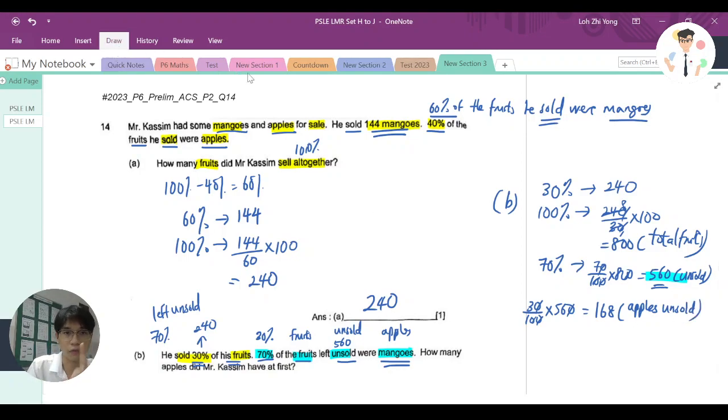Okay, now I find a very important thing here. 168 apples unsold. But I'm looking for all the apples at first, which means that unsold and sold, I need to add together.